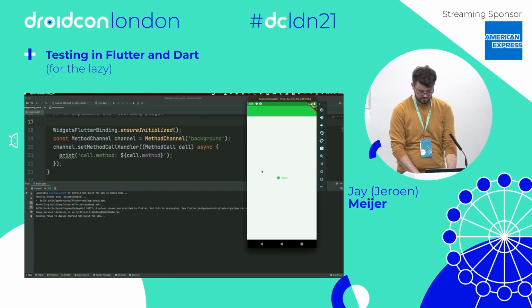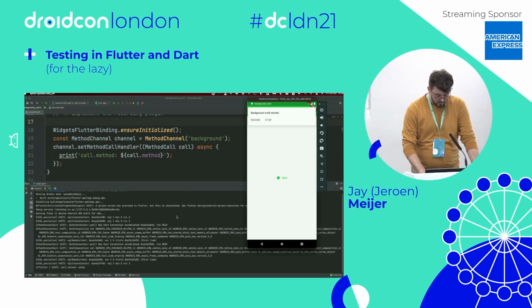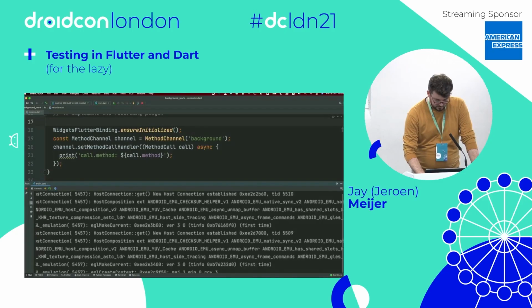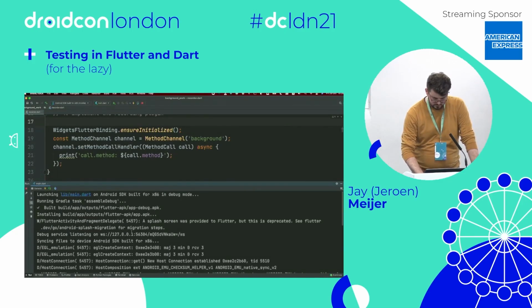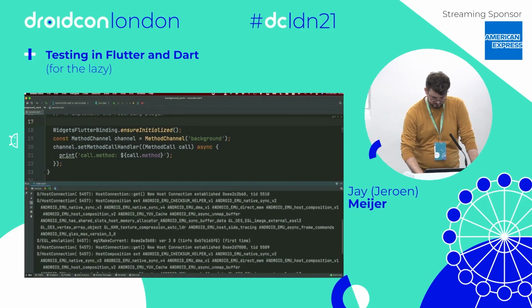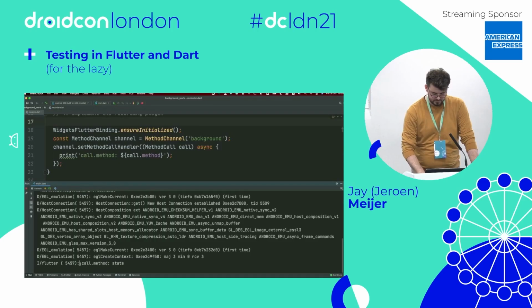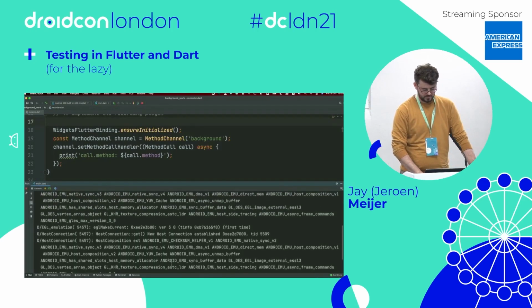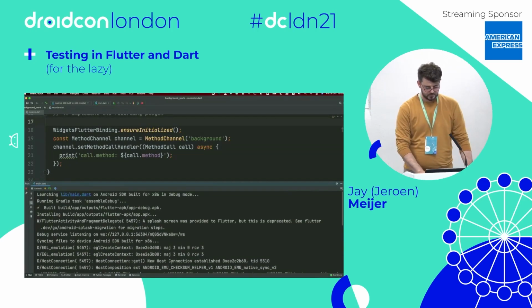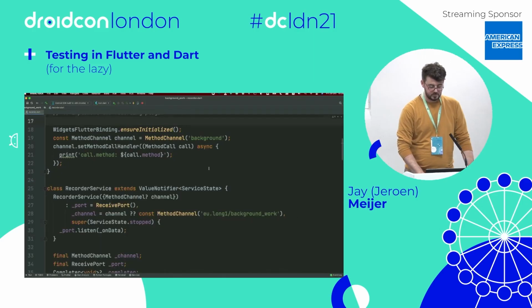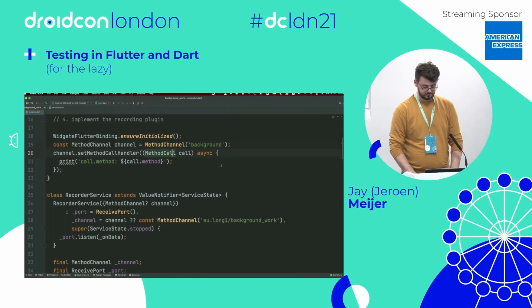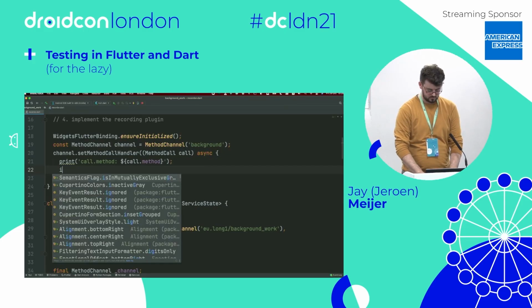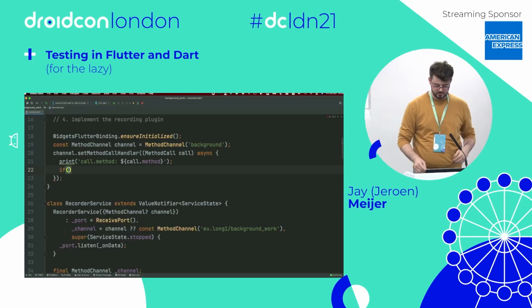Okay, so what we have here is, let's see. Yeah, method state was called with the new value. Okay, so let's go further. What we do here is we want to implement the rest of the method calling channel.